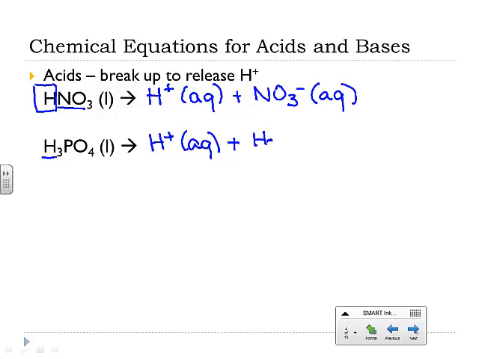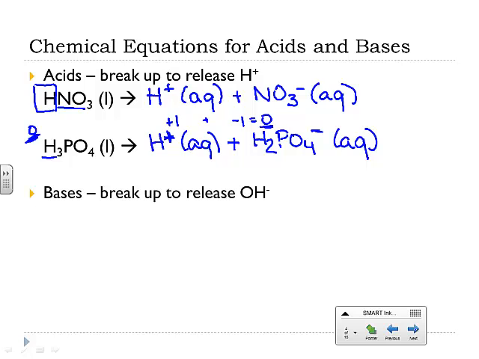Now I have H2PO4, and it's got to be a negative. Let's take a look. Over here, there's 0 charge. And then over here, we have +1 plus -1 equals 0. That's good. We should have 0 on both sides. So you want to make sure that your charges, your plus and your minus, really do add up.